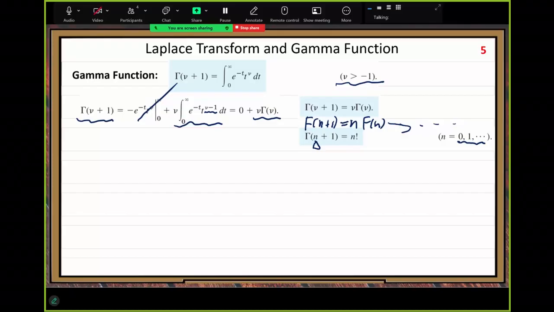Is this generalizing it in the sense that we can use this if it's negative, or is it just generalizing any positive? Here, the gamma function's argument inside the parentheses is positive, because nu is greater than minus 1, so nu plus 1 is positive. The variable inside the gamma function should be positive here to generalize.